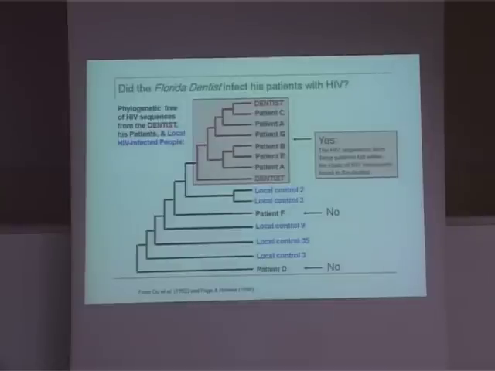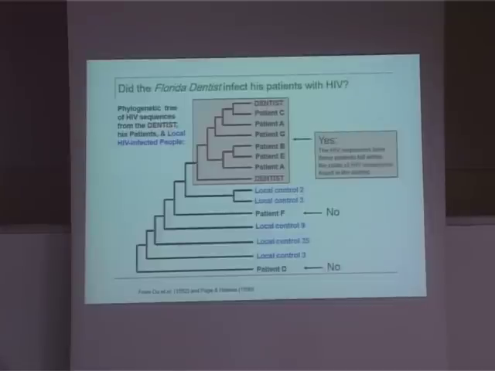And phylogenetic trees can also help in real cases. This was a criminal investigation, okay? There was a case about a Florida dentist. The Florida dentist infected his patients with HIV.